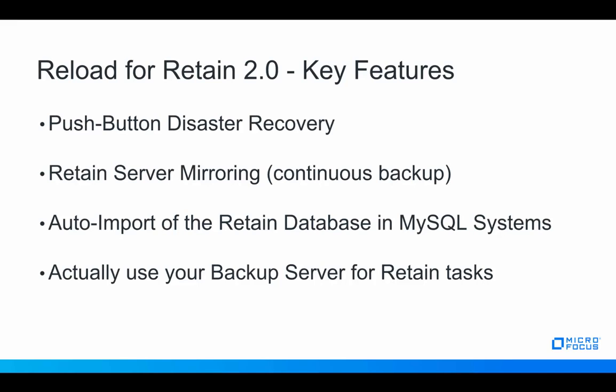So super powerful. And in that kind of scenario, it's very easy to use. You could use your backup server for many of your Retain tasks instead of your production server, which is doing the dredging and so forth. So just some thoughts, but very, very powerful features.